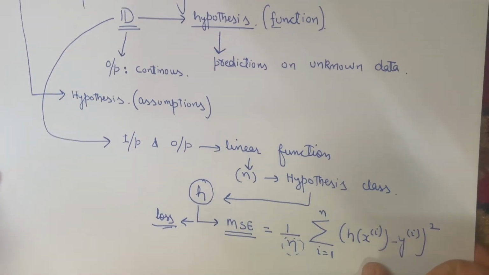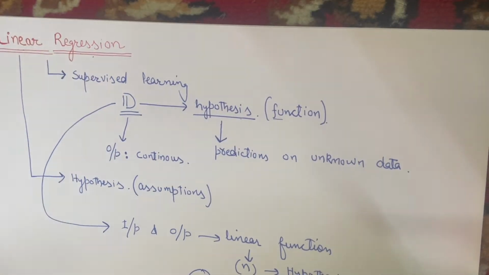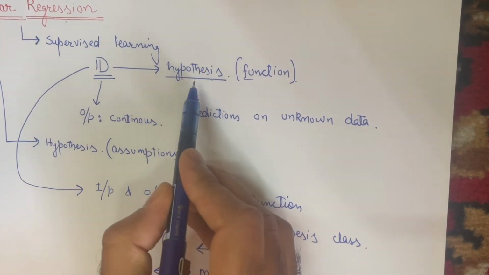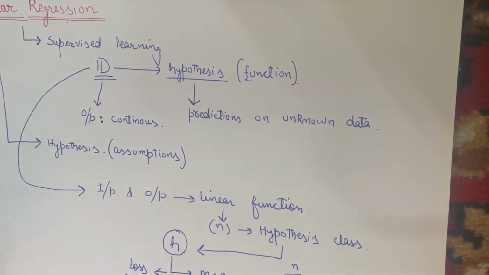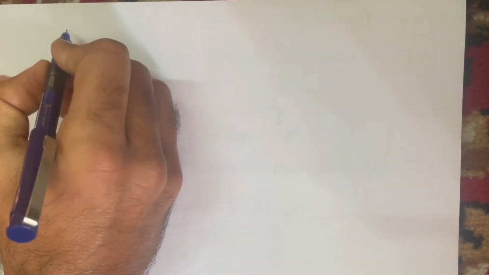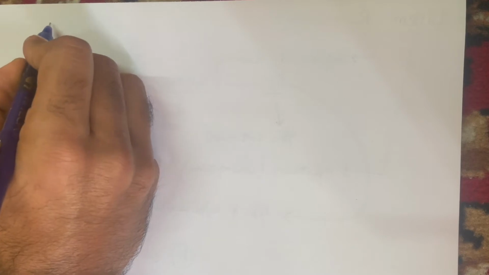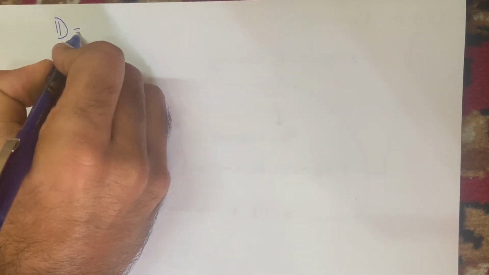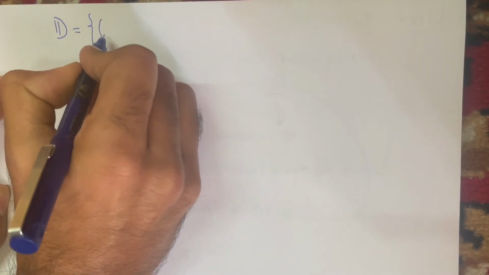So in linear regression, as I said, we are trying to find a function, but that function will be a linear function. Before discussing that function, let me first recap what our input is. Input is our data set, and it contains data points like this.